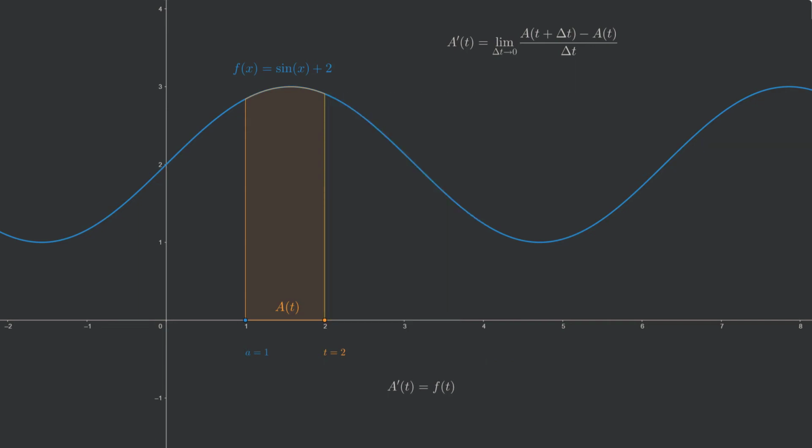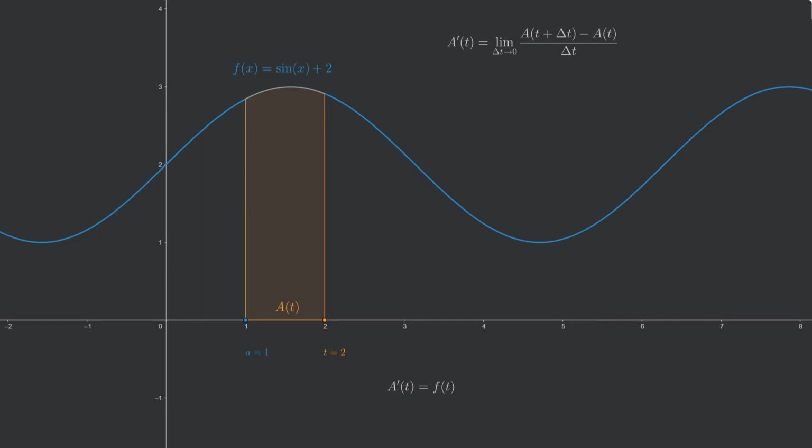Now the thing is that we can use this insight for calculating areas under given functions. That means we can, for instance, calculate this orange area, which is the area between f and the x-axis, ranging from t equals 1 to t equals 2. How can we do that? Well, from our insight, it follows that a of t is an indefinite integral of f of t. In other words, a of t is an antiderivative or a primitive of f of t.